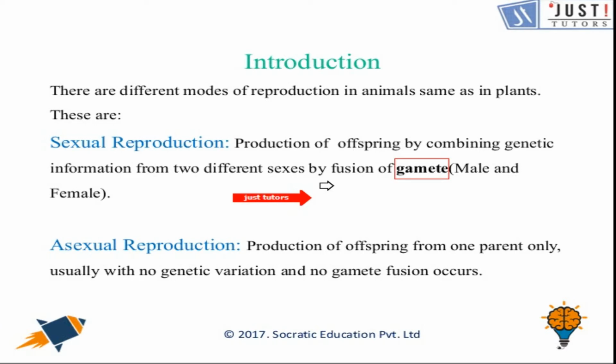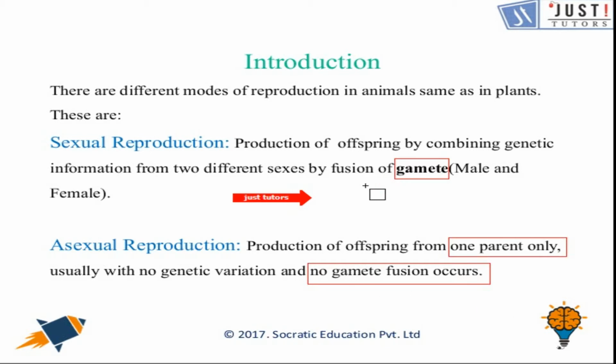Another mode of reproduction is asexual reproduction, production of offspring from one parent only. So this is the difference. In sexual reproduction both parents are needed, but in asexual reproduction only one parent is involved, usually with no genetic variation, and no gamete fusion occurs.